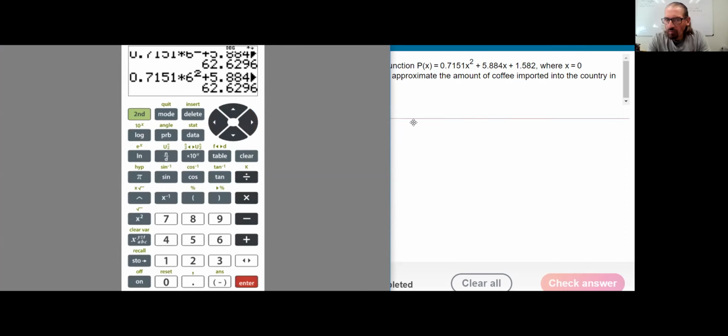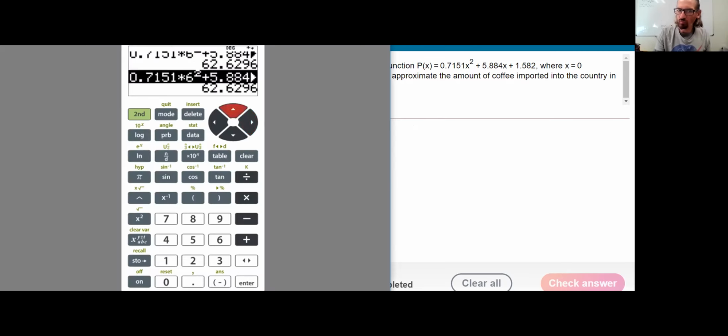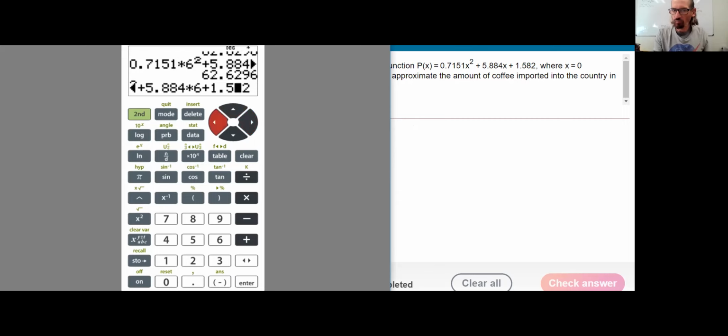And then remember that they wanted that rounded to the nearest tenth of millions of pounds, so 62.6. And then 5 years after that, that should be where x equals 11. So let me scroll back, press enter to copy and paste. And I'm going to change the 6 to an 11.